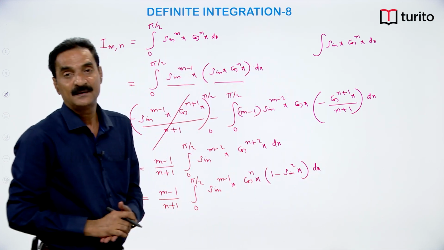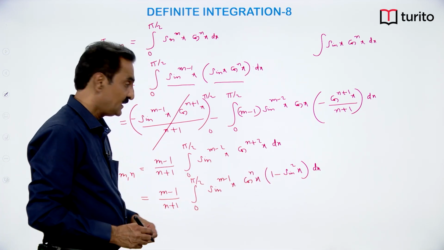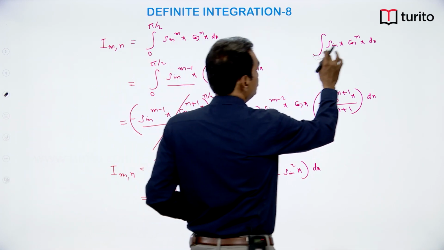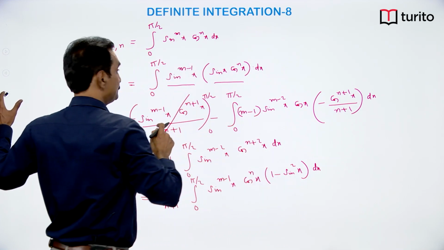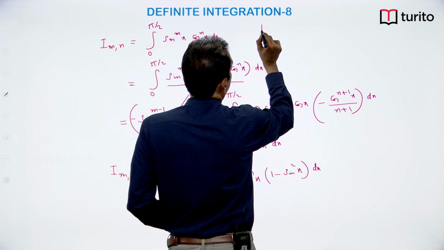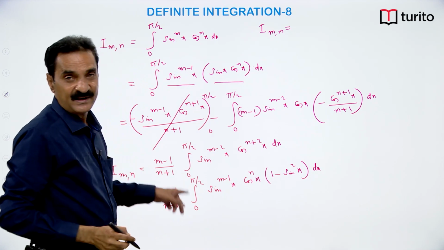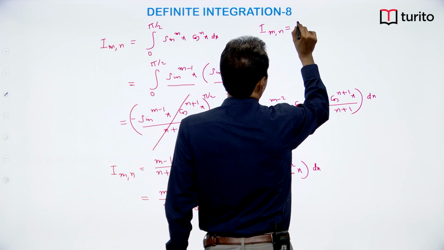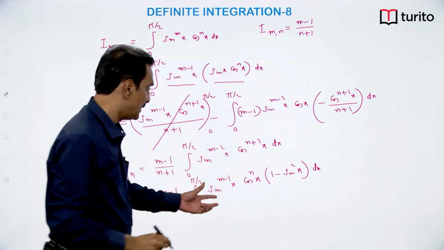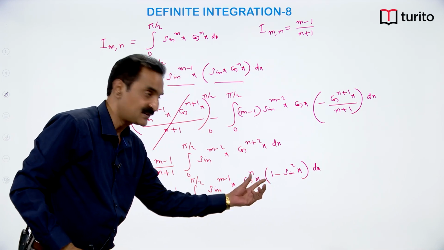Now, multiply by this inside, you will get Imn is equal to m minus 1 by n plus 1 into integral of sine power m minus 2 x into cos power n x into 1.